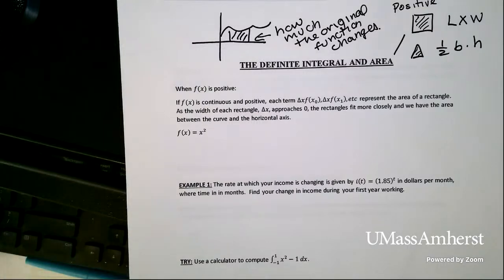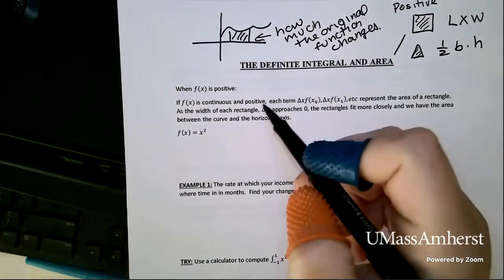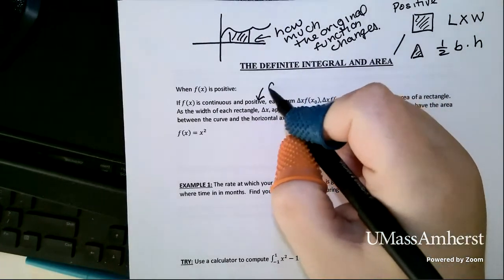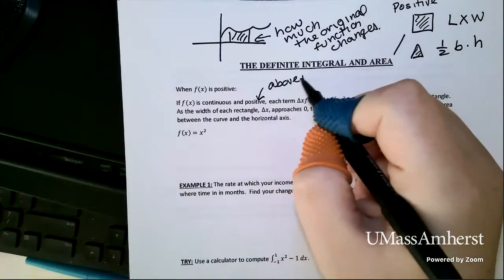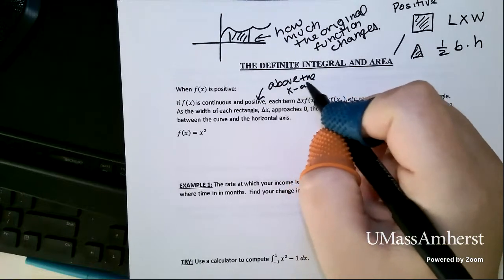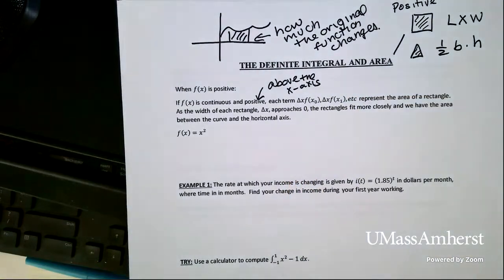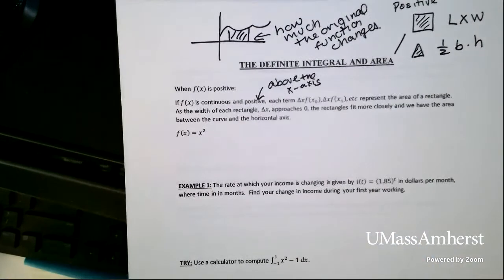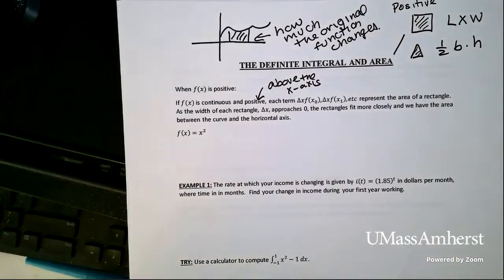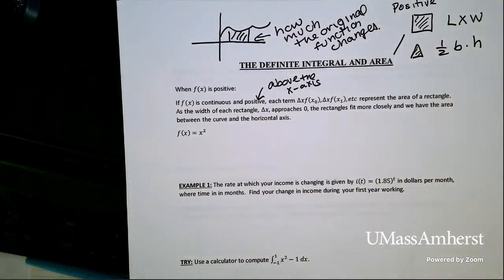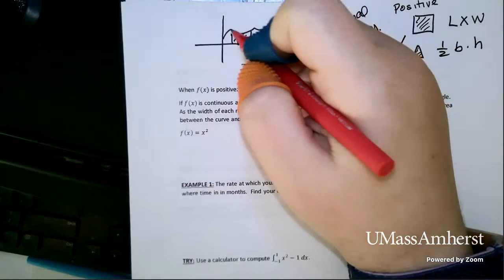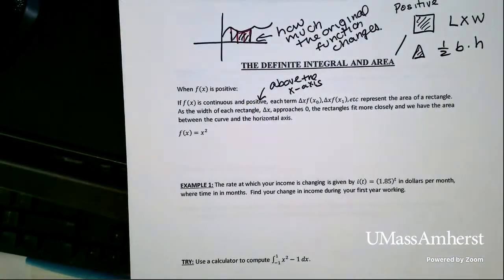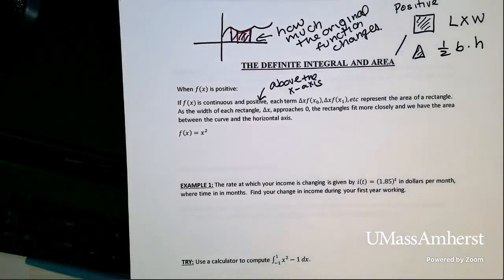If your function is continuous and positive, and when I say positive, I mean above the x-axis, then each term that we're using to approximate the area under the curve and eventually get the exact area under the curve, so all these rectangles we've been sticking in here, each of those is also going to be positive, right?